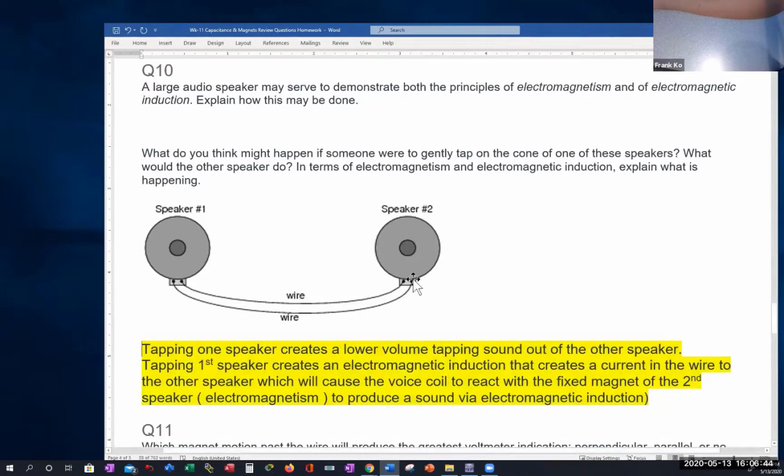So tapping one side will cause the other. We're creating a generator, if you will, when we're moving a coil in a field of fixed magnets.